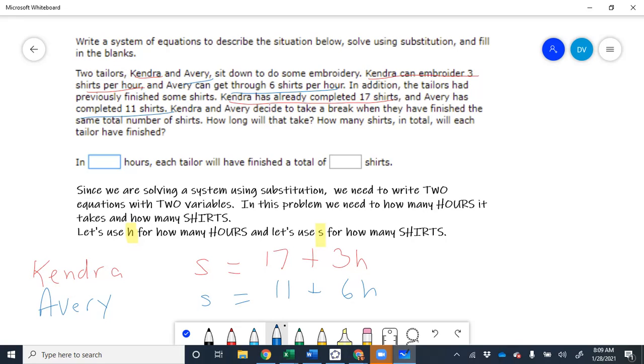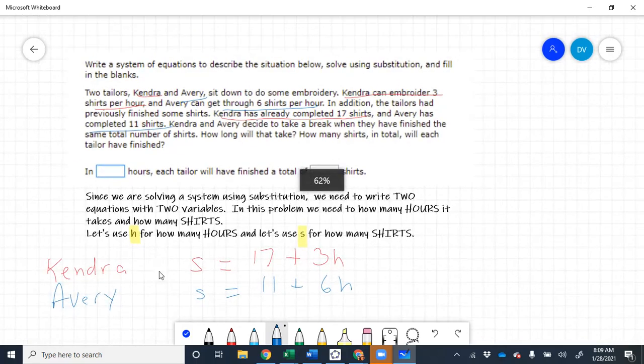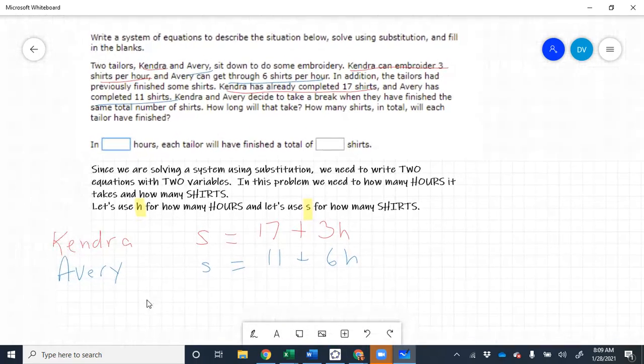Okay, so now we've done the first part, and you'll want to use a piece of paper to write these 2 equations down. Remember, we're going to substitute here. Substitute means we're going to replace. So let me remind you of that by writing it down on a note here.